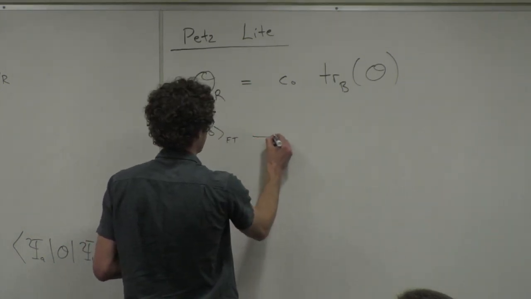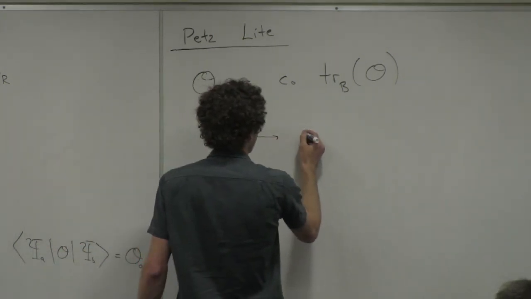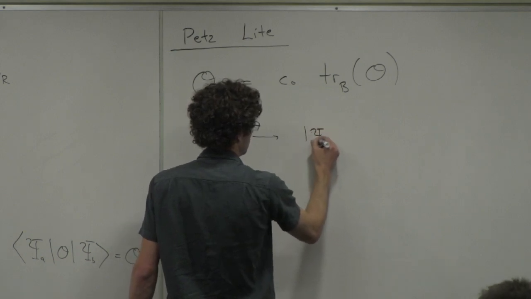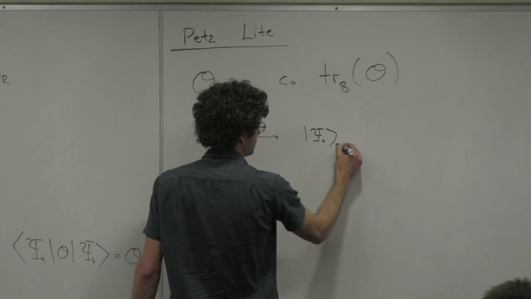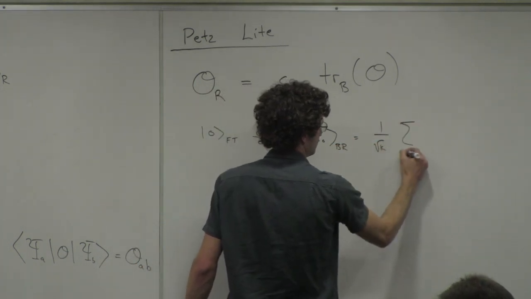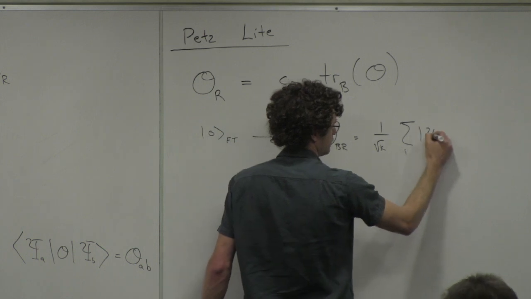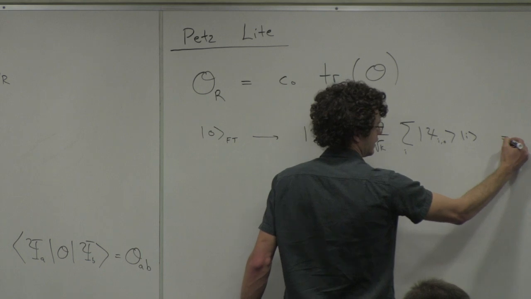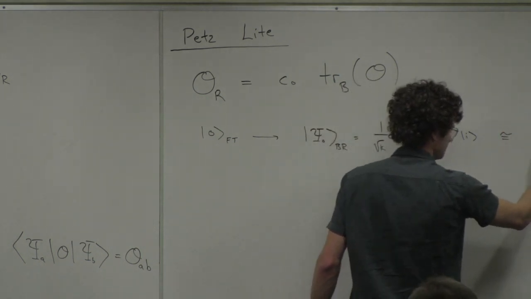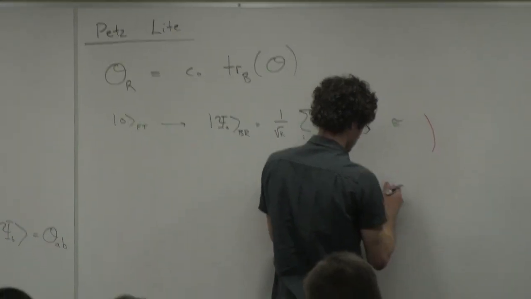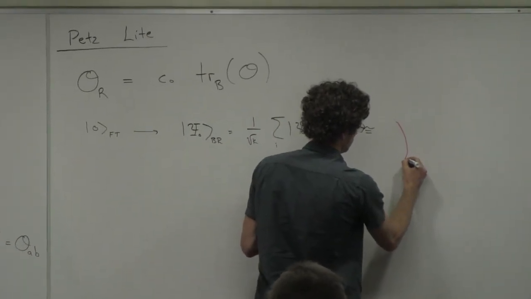So under this encoding, zero field theory maps to psi 0 in the system BR, which is 1 over square root of k, sum over i, psi_i 0 i, and it looks something like this. We have some end of the world brane. We have the actual boundary.